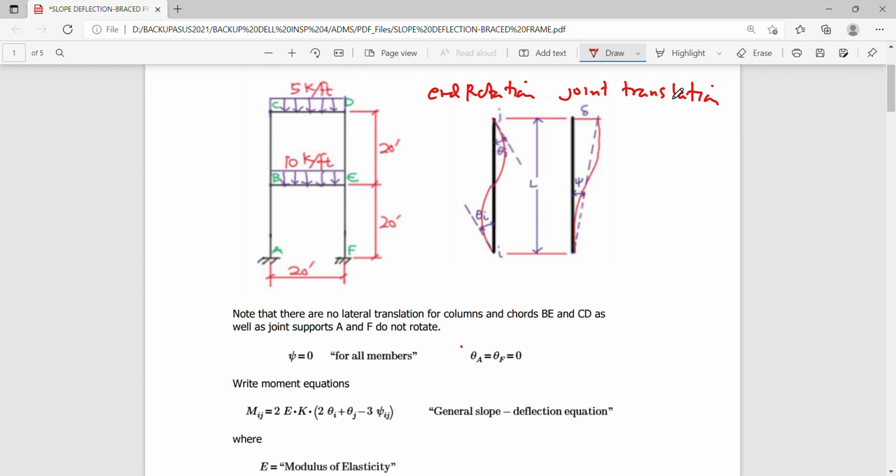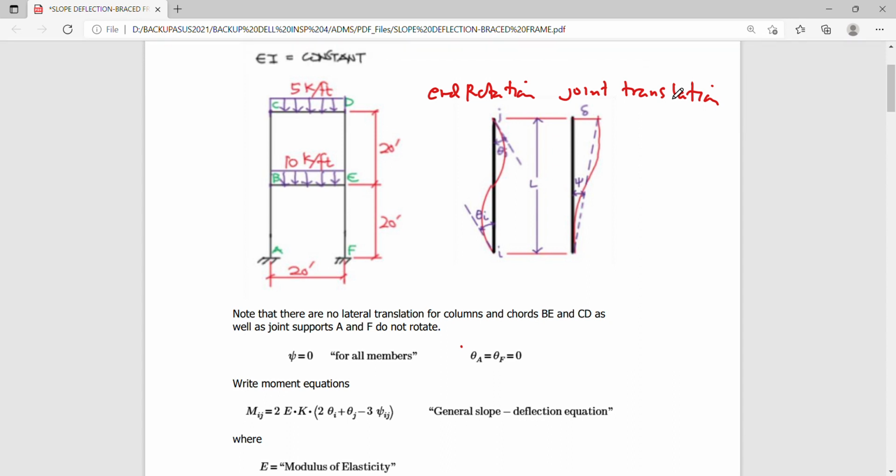So the effect of the rotation and translation will give us angles theta i and theta j, wherein theta i represents your rotation at the near end, and theta j represents your rotation at the far end. So the subscript ij here refers to the direction in which your member is actually directed towards the positive local axis.